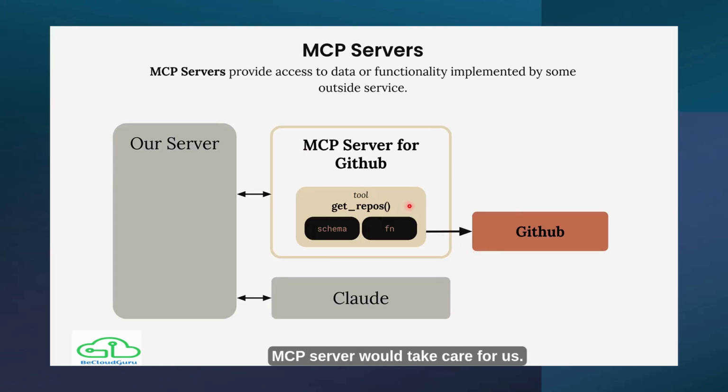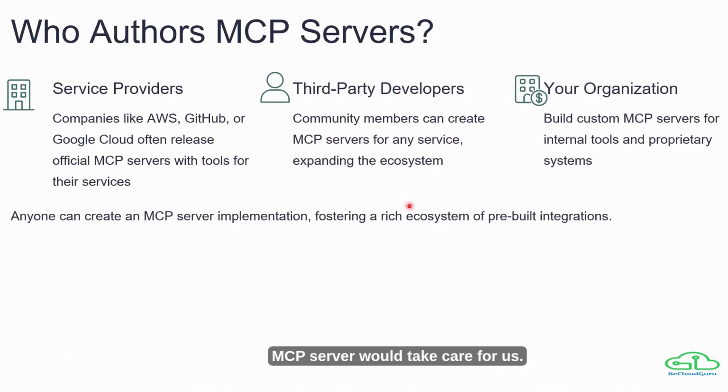Now the question comes in, who can author these MCP servers or who can provide these MCP servers? Service providers such as GitHub, AWS, Azure, OpenAI, Google Cloud often release official MCP servers which contain all the tools and the resources for their services. As of now, unofficial data suggests that we have close to 20,000 MCP servers which are readily available to be consumed.